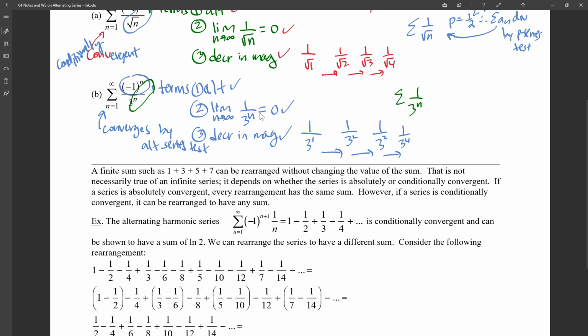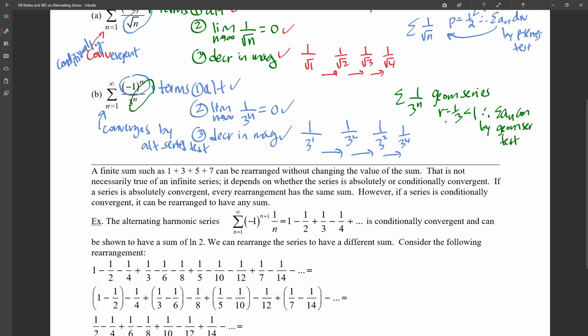We figured out if the limit went to 0, but not if the series converged or diverged. If we examine this carefully, this is actually a geometric series. The r here is 1/3. 1/3 is less than 1, so this series converges by the geometric series test.